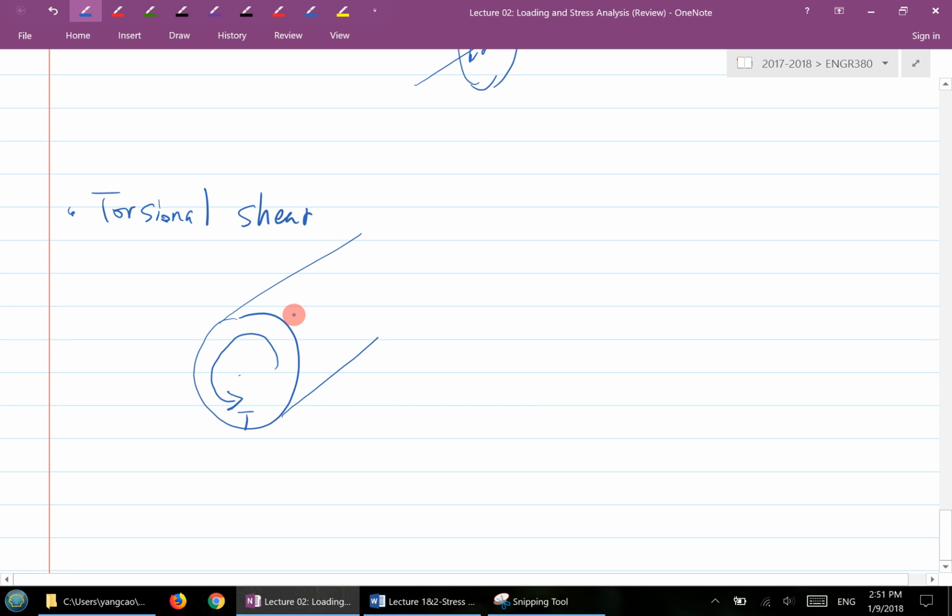How do we calculate it? Here's your formula: tau equals T times rho over J. Rho is the radial distance from here to any location. T is the torque, and J is the so-called polar second moment of area. Polar is basically calculating the moment of area about the origin, or about an axis going through the origin.